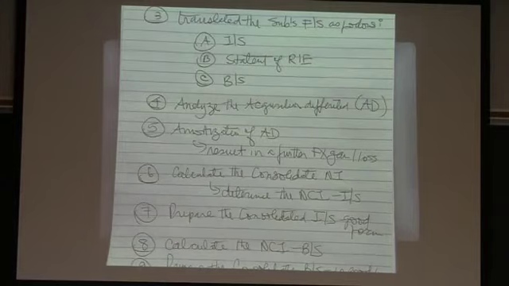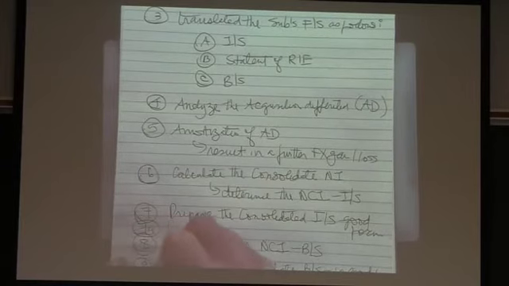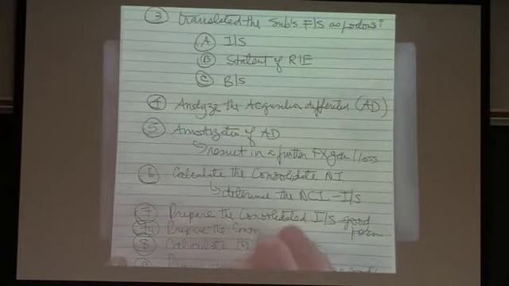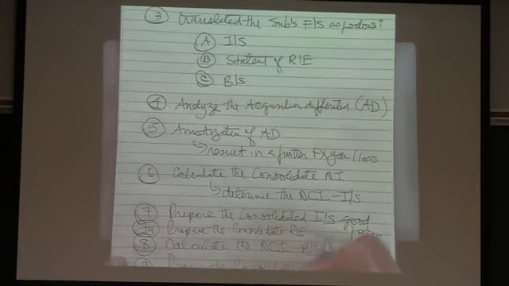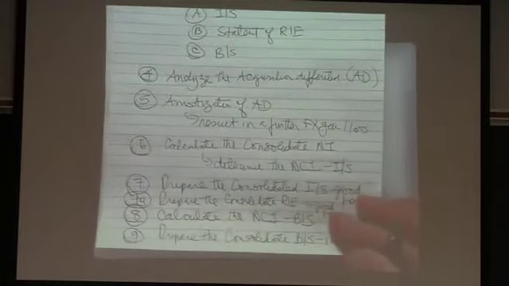Actually, I've forgotten the actual, sorry, this should be a 7A here, is prepare the consolidated statement of retained earnings in good form. So that should be really in between those two steps.